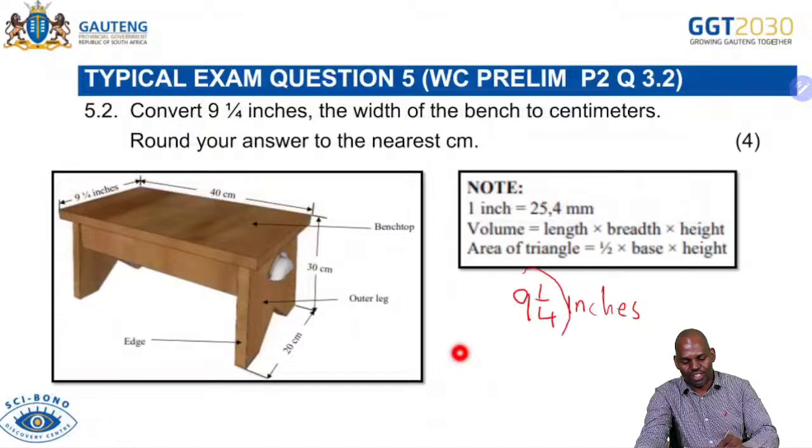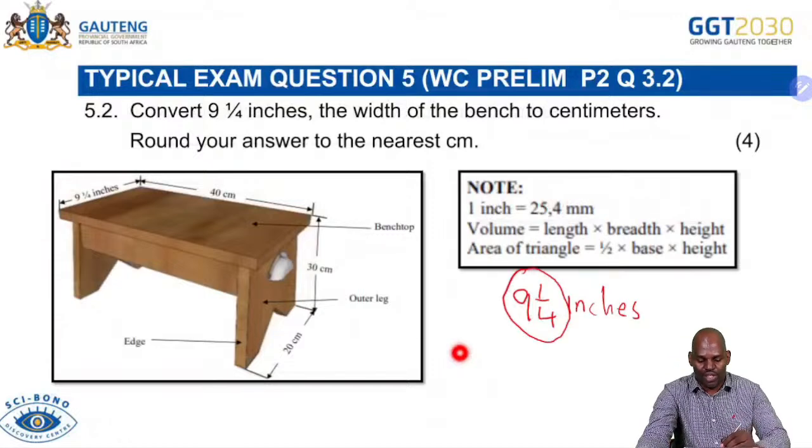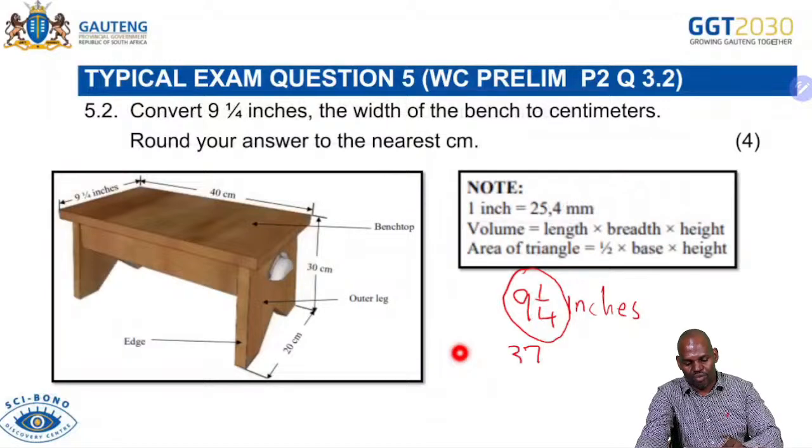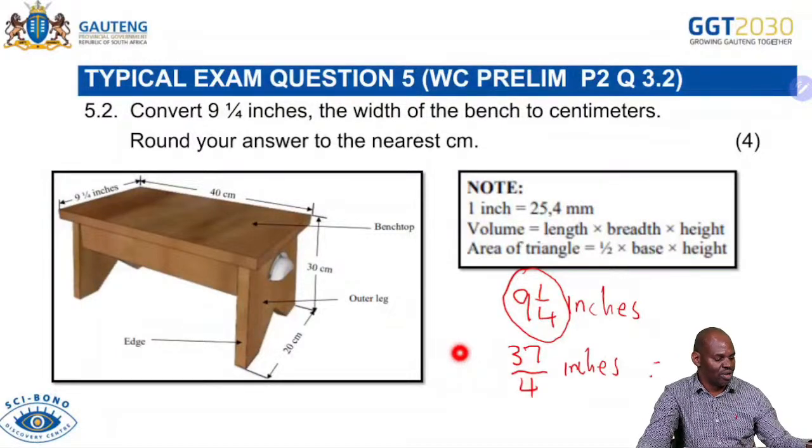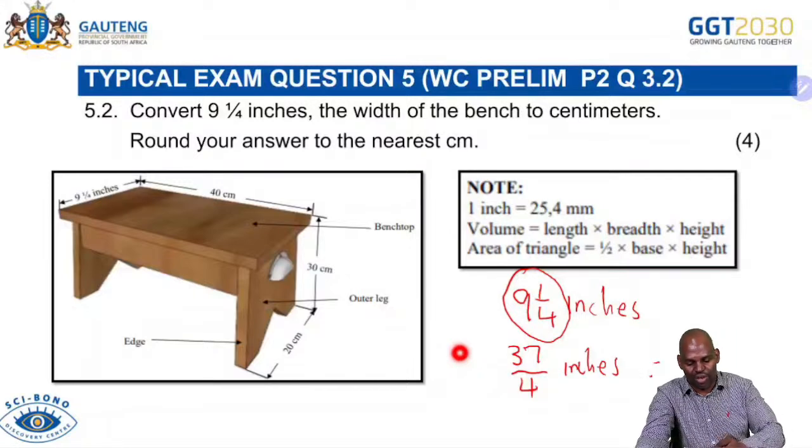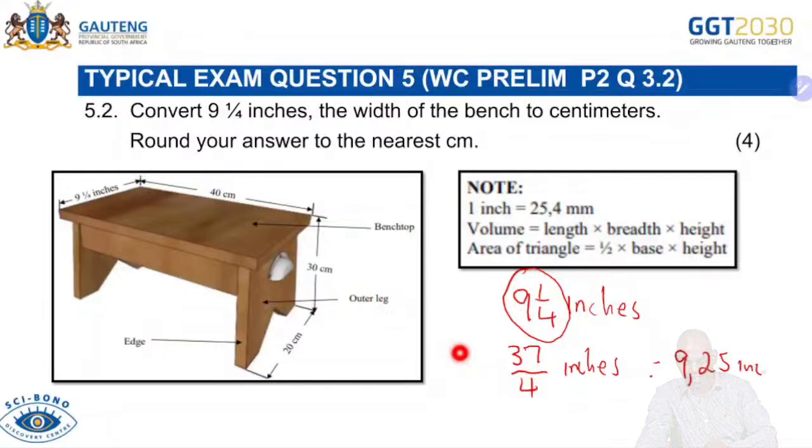So the first thing we need to do is convert this mixed fraction to a decimal. 9 times 4 gives you 36, plus 1 gives 37, so you get 37 over 4 inches. 37 divided by 4 gives you 9.25. So this must be 9.25 inches.